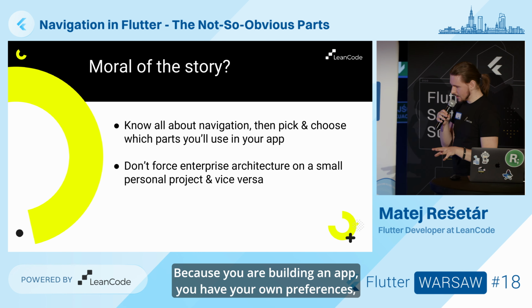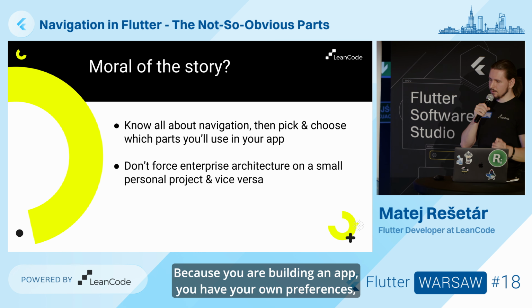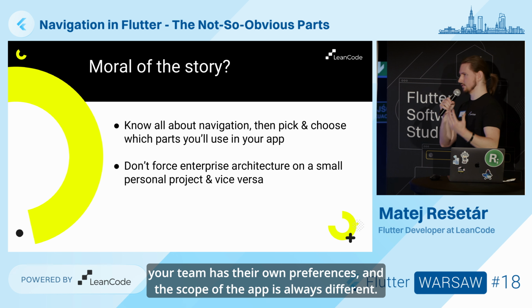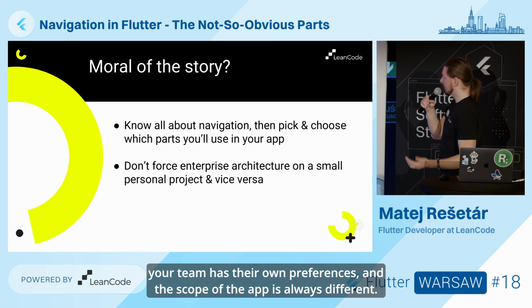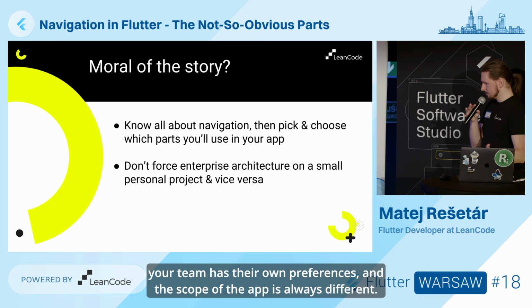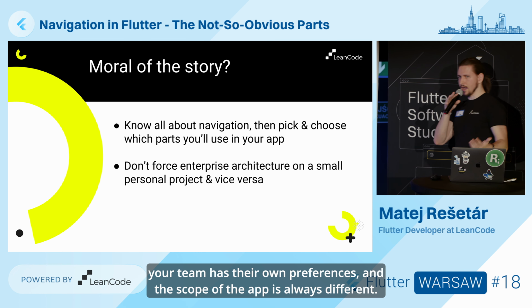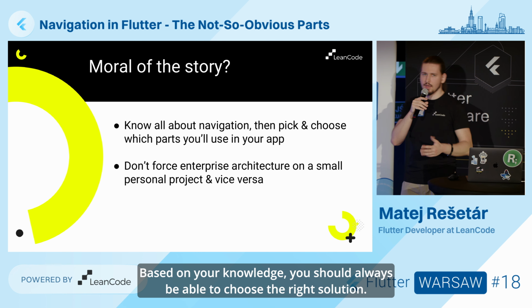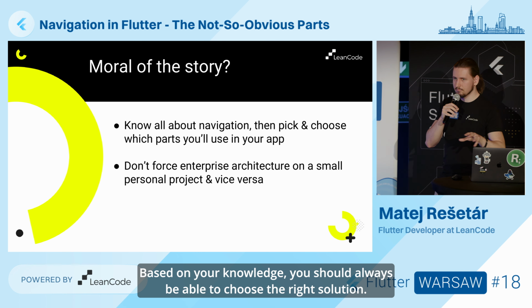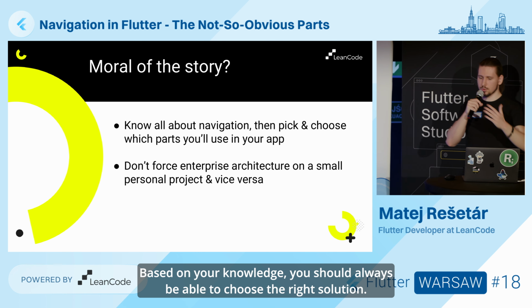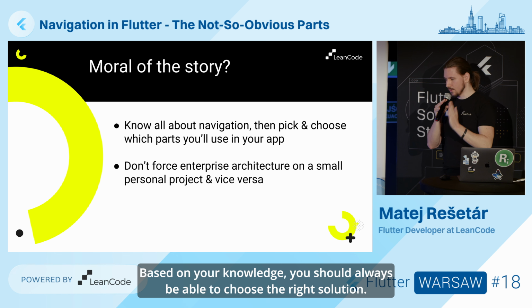Because you have your own preferences, your team has their own preferences, and the scope of the app is always different. And based on your knowledge, you should always be able to choose the right solution.